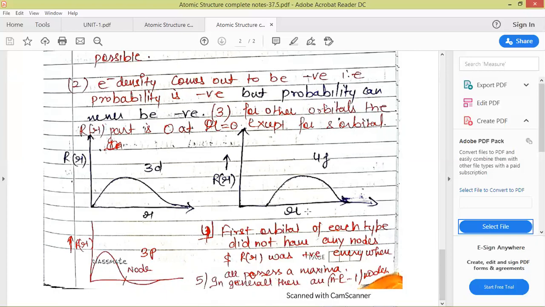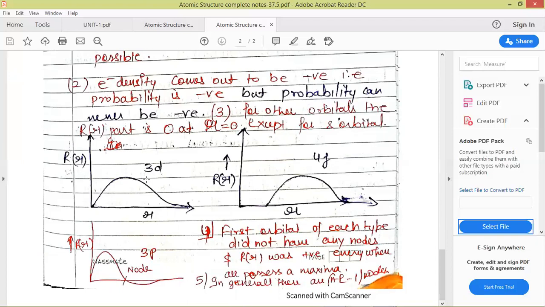This is also based upon the formula that number of radial nodes is equal to n minus L minus 1. So let us say for 3d orbital, this is the first orbital for the d subshell. 2d orbital doesn't exist. This is based upon the possible values of L.